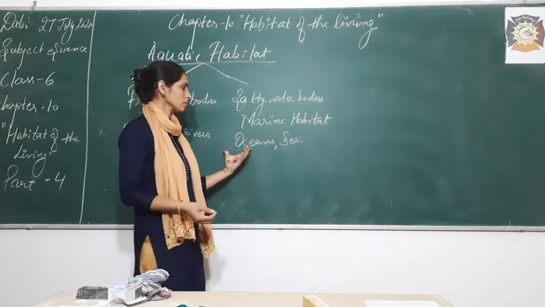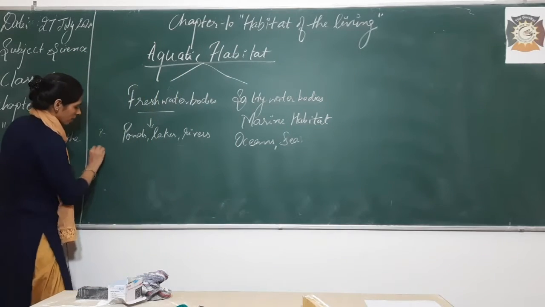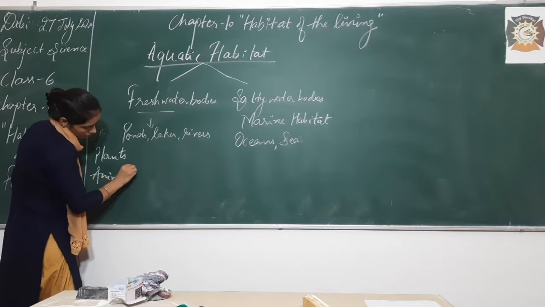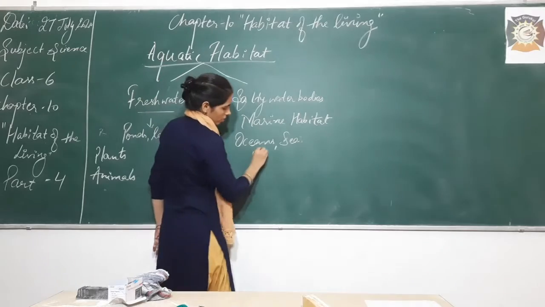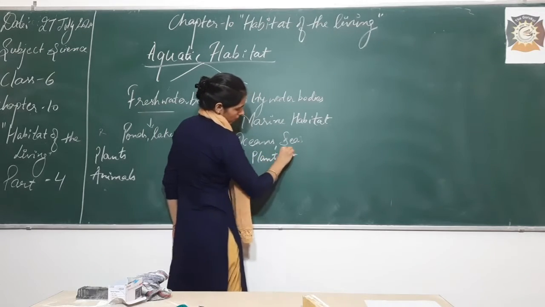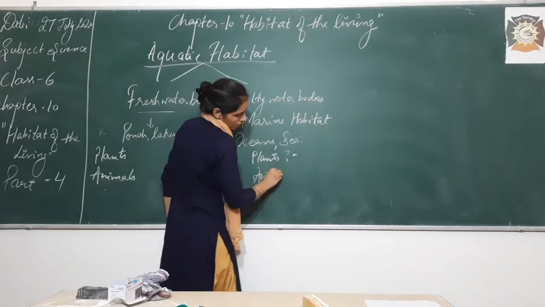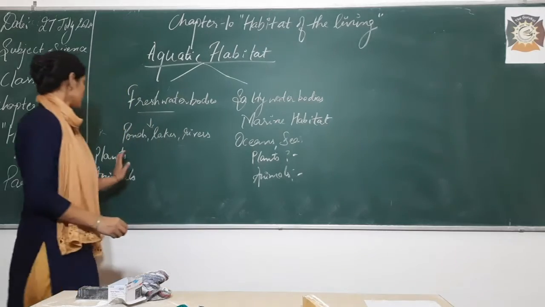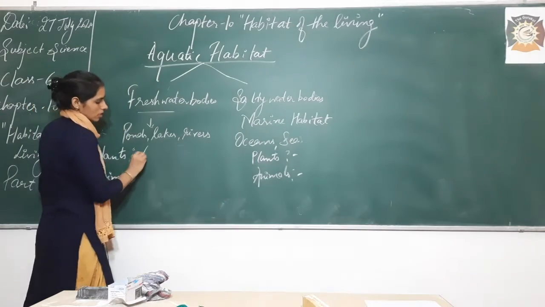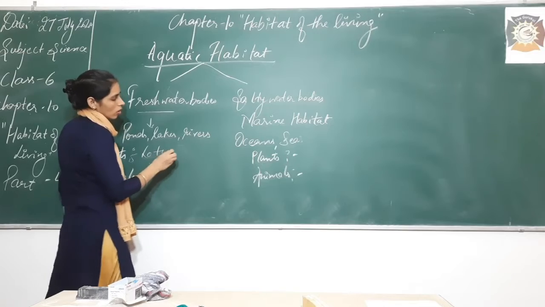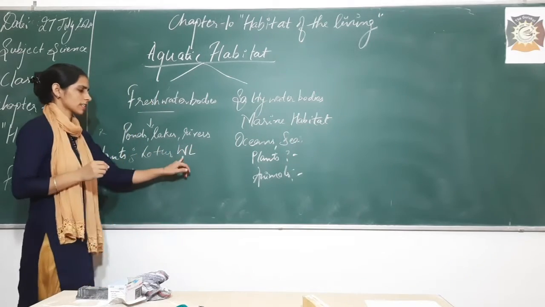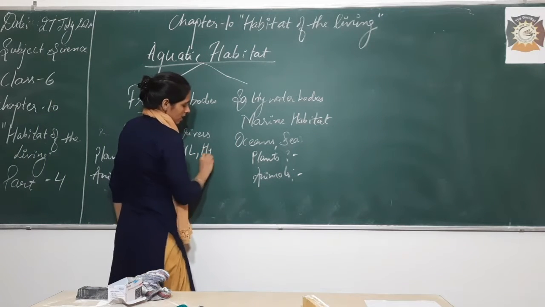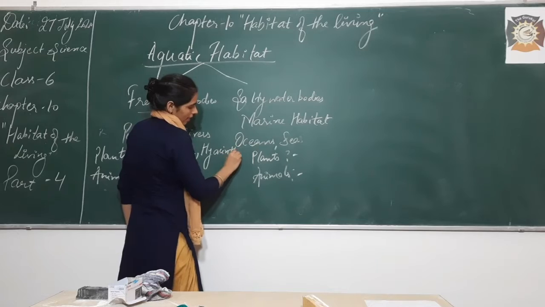Now, the next question is, what kind of plants and animals survive in these habitats? We will discuss the plants and animals. As you know, the plants are lotus, water lily, or hyacinth and algae.